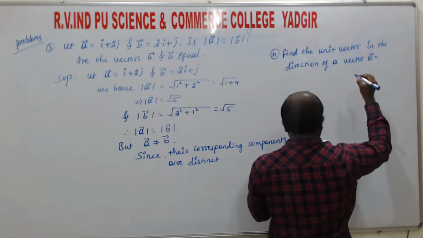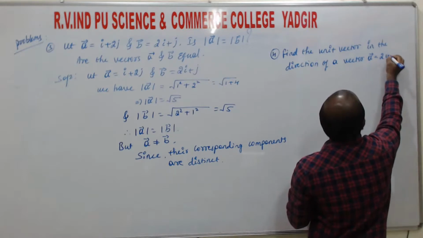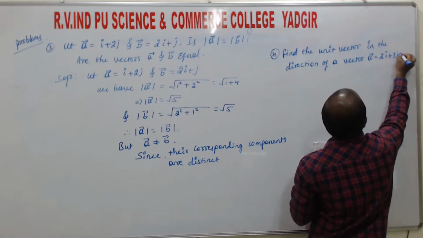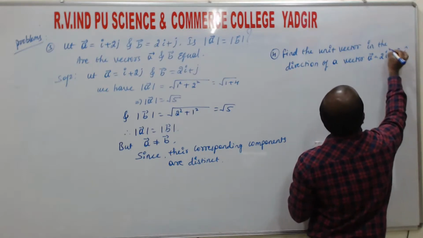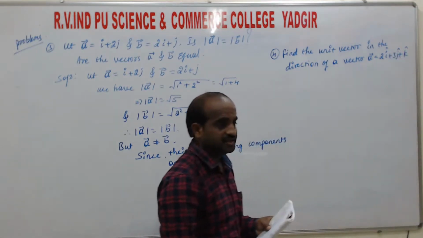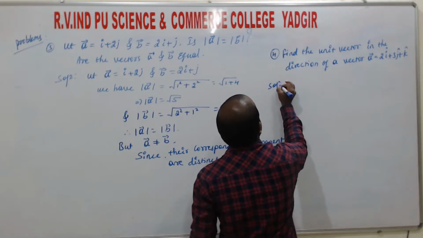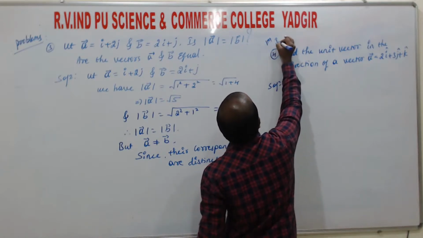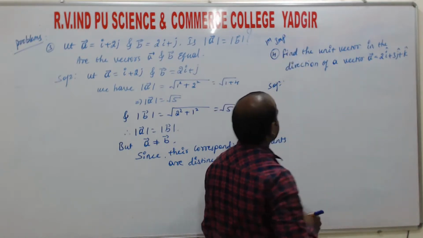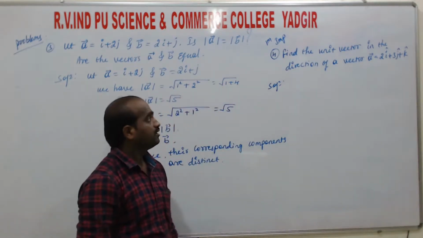A vector is equal to 2i plus 3j plus k. This question is important for one mark. This type of question carries one mark.